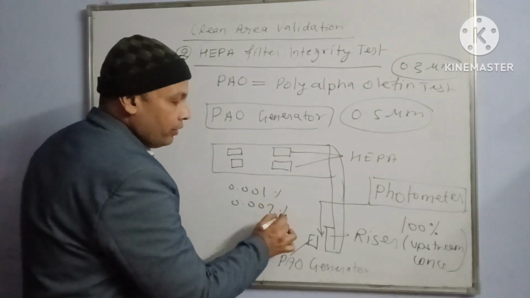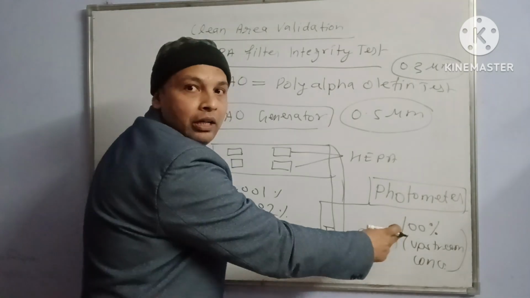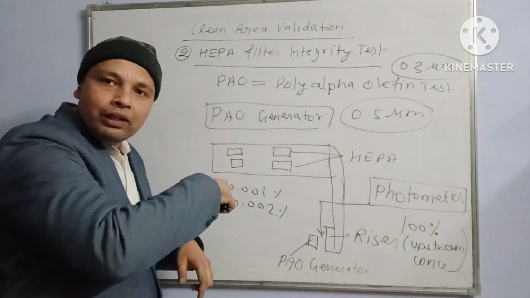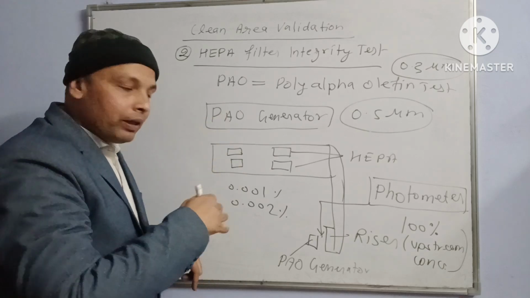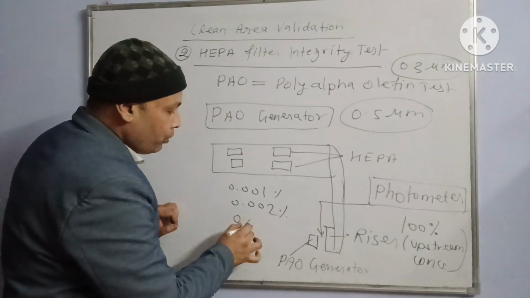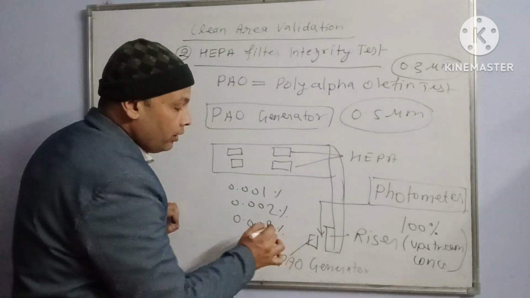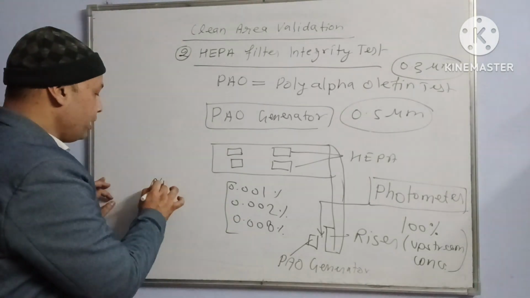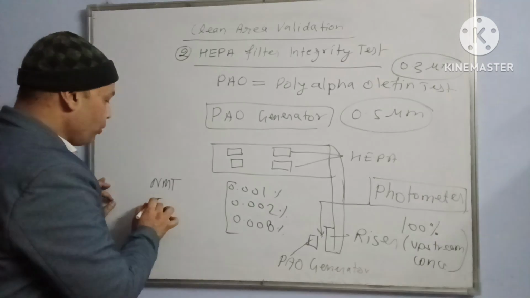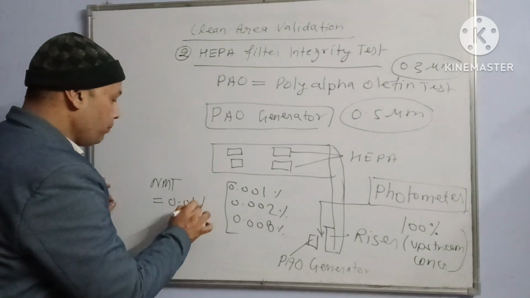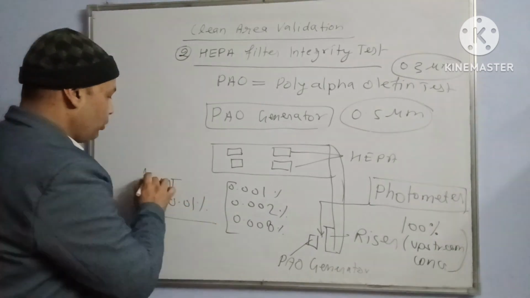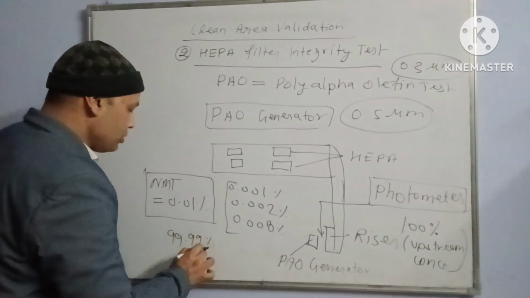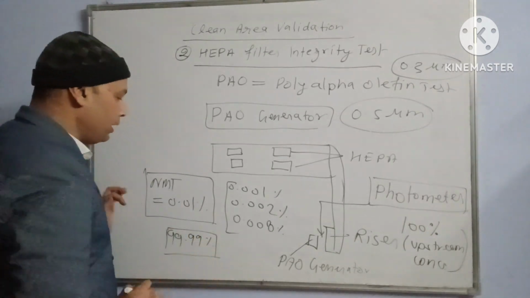This is the leakage. Upstream concentration was 100%. Now, through this HEPA filter, the particles are not coming. Suppose 0.008. Leakage should not be more than 0.01%, meaning 99.99% efficiency of this HEPA filter should be there.